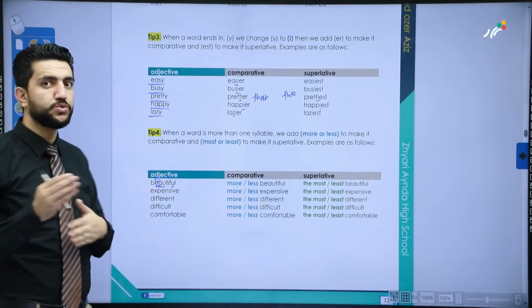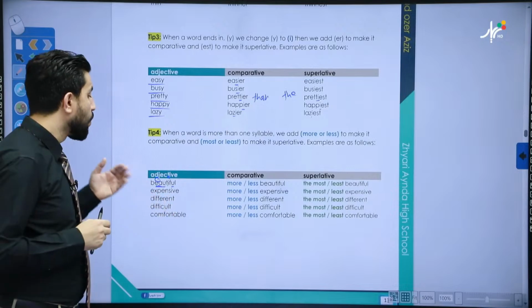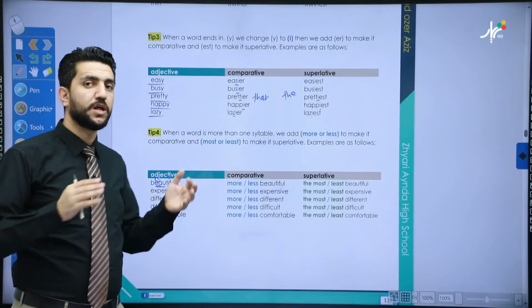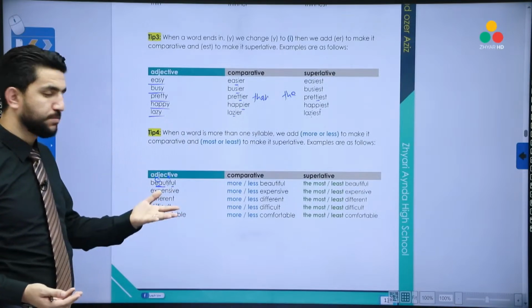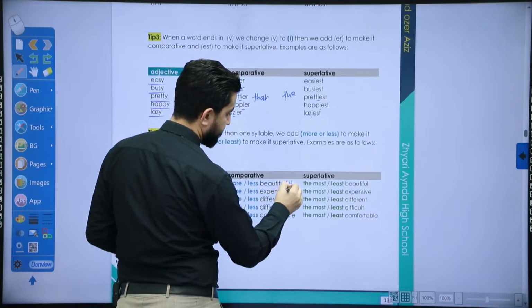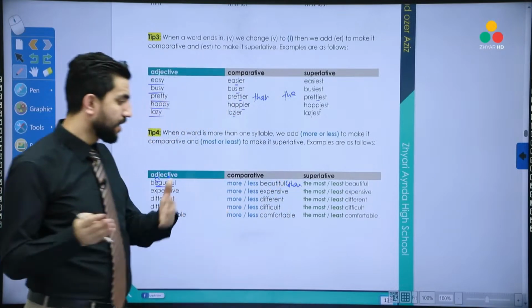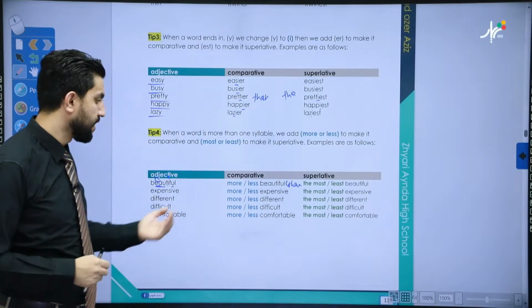So in this case, we don't use ER and EST. In this case, we use more, most, less, least. Okay, expensive, different, difficult, comfortable. So we say more, less, beautiful than. More, less, expensive than. More, less, different than.